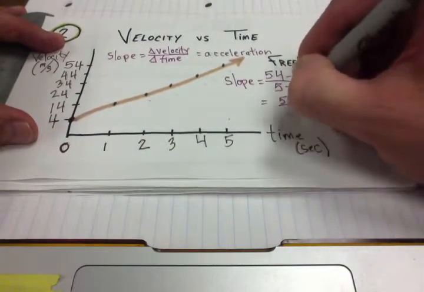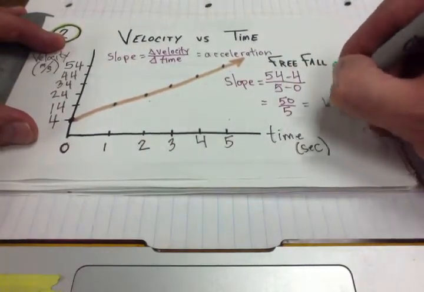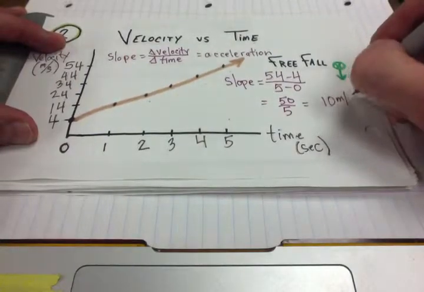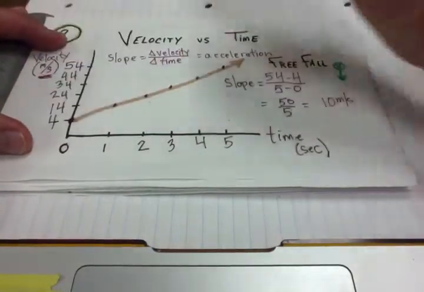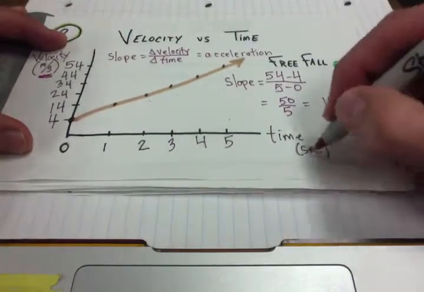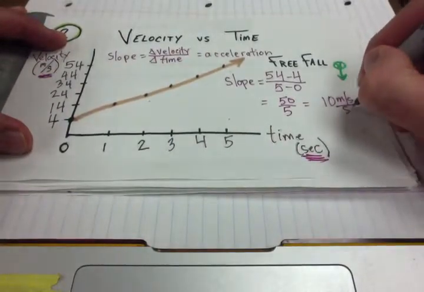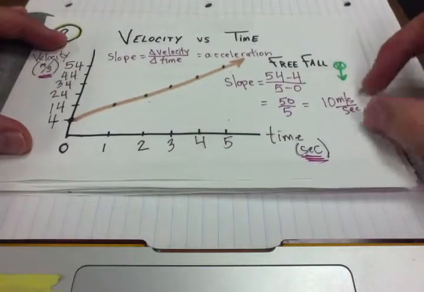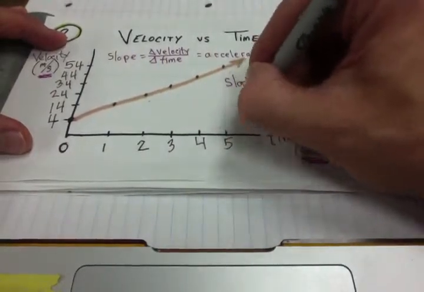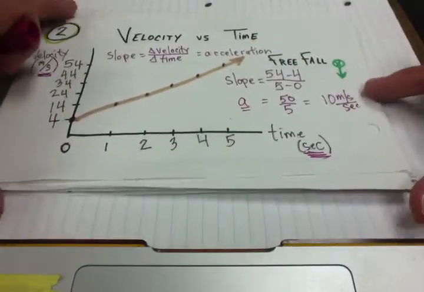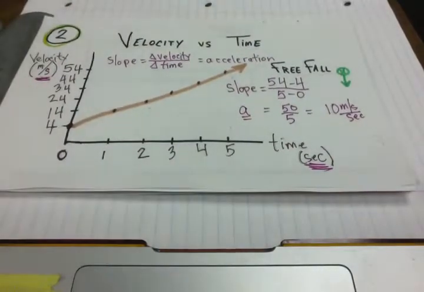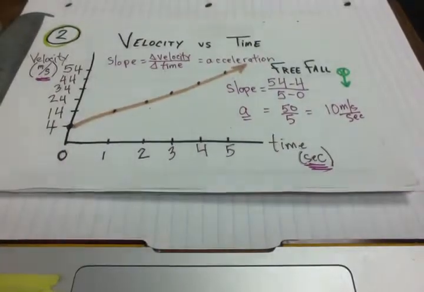So there's my change in x. But if you think about what that is, that's my change in y, meters per second, divided by my change in x. So that is our acceleration due to gravity, comes out to be about 10. So once again, the slope of a velocity versus time line is our acceleration.